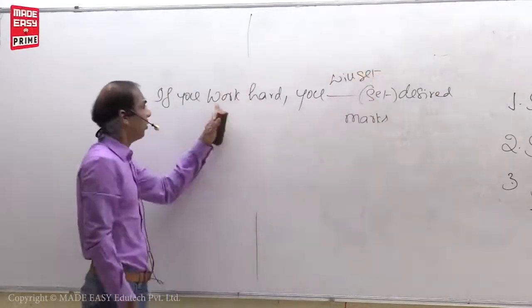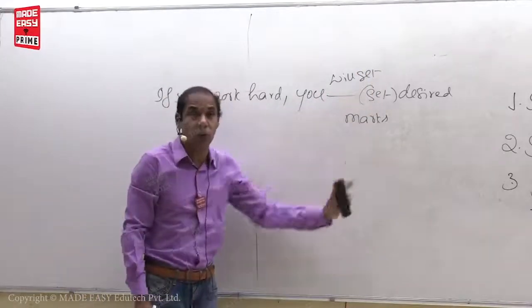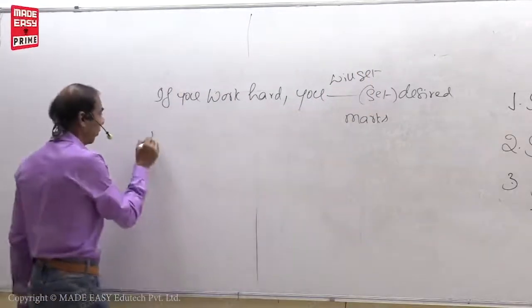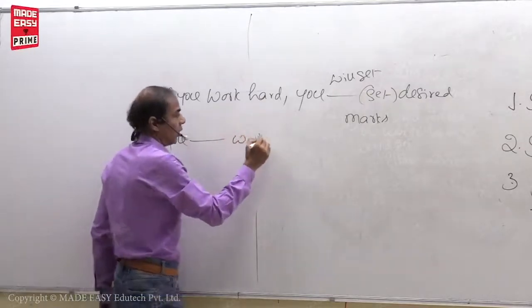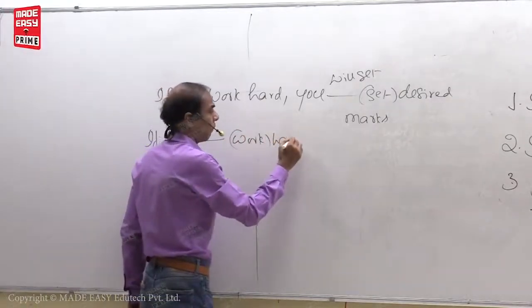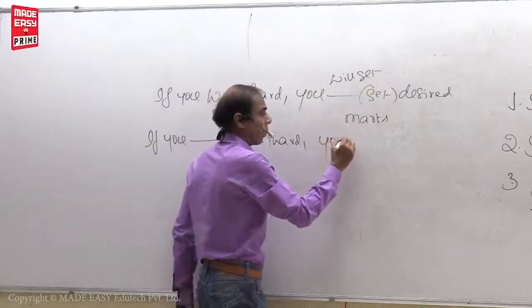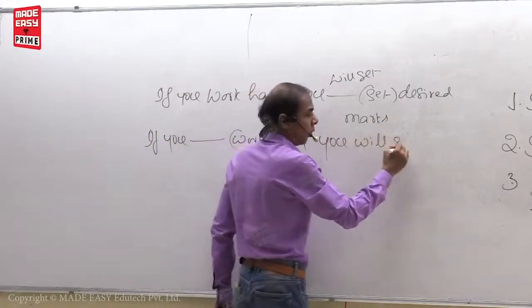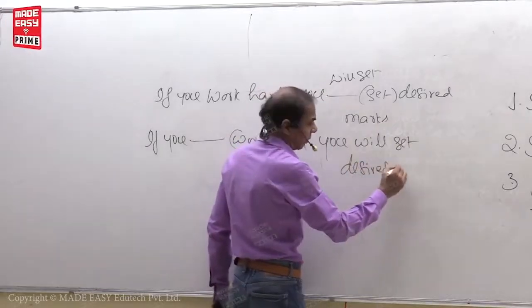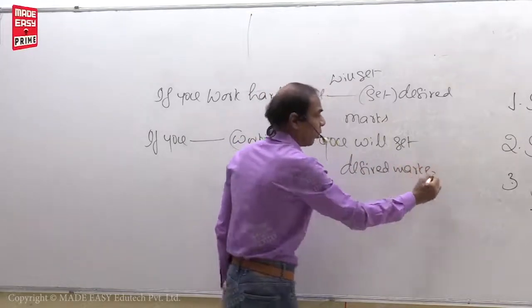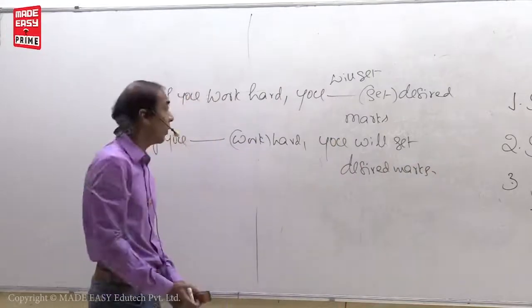If is in present tense, so the second sentence must be simple future. How is it asked sometimes? If you dash work hard, you will get desired marks. See, you will get desired marks.